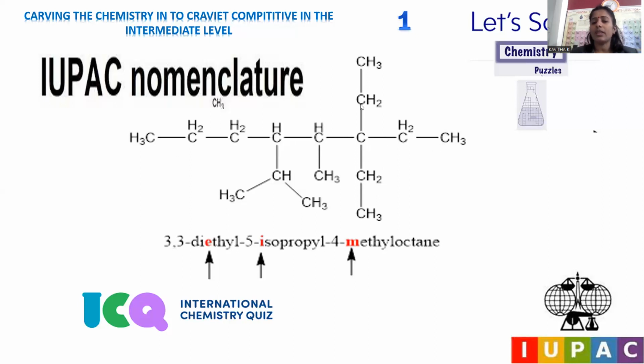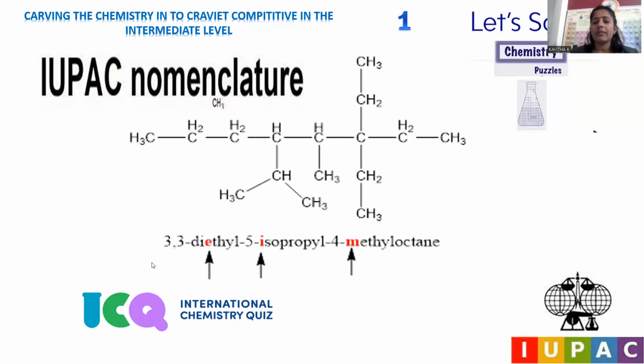Eth will come first over meth and prop, since E is the first alphabet over M and isopropyl. So ethyl we have to assign first, where these two ethyls are located on the third carbon.